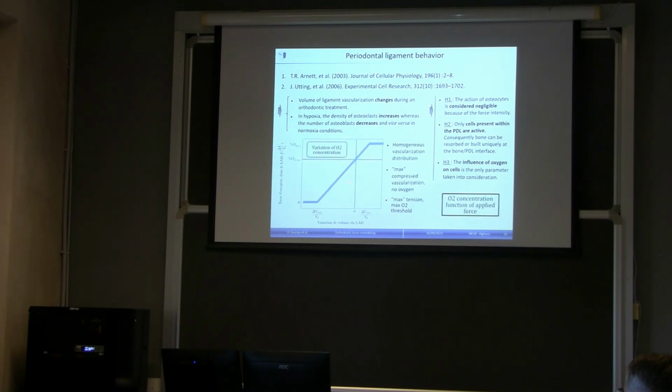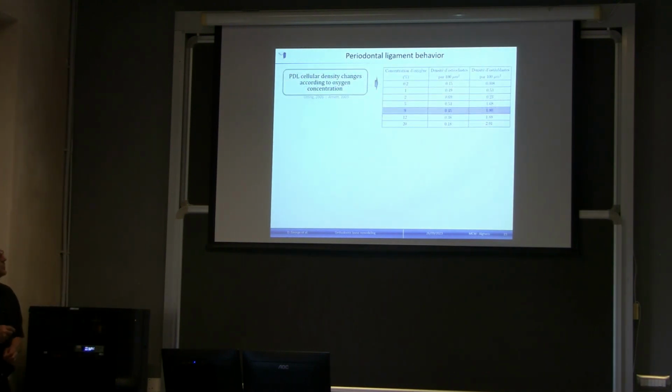So, when we did that, we could plot the oxygen concentration as a function of volume variation inside the PDL. We supposed that it was linear in terms of volume variation, varying between two thresholds, delta V min and delta V max. Because of that, we were able to relate the oxygen concentration to the applied force. How? Well, we used, again, the two papers I showed you just before, and we extracted the oxygen concentration as a function of the cellular density.